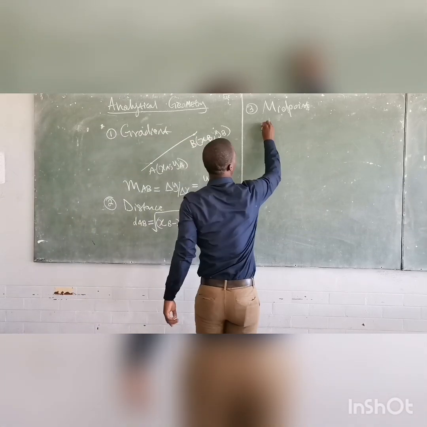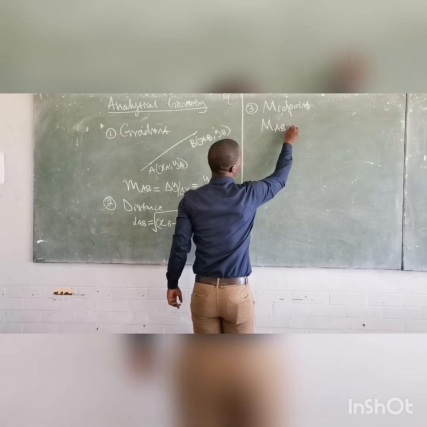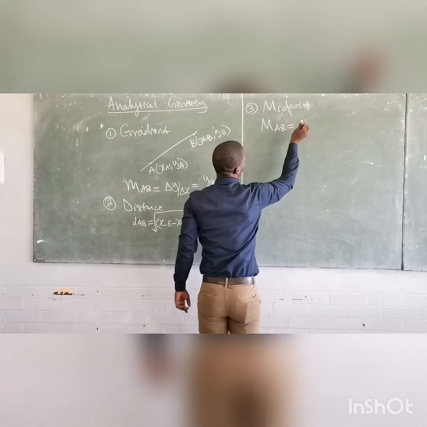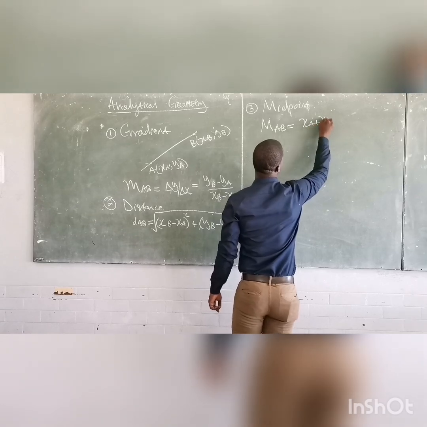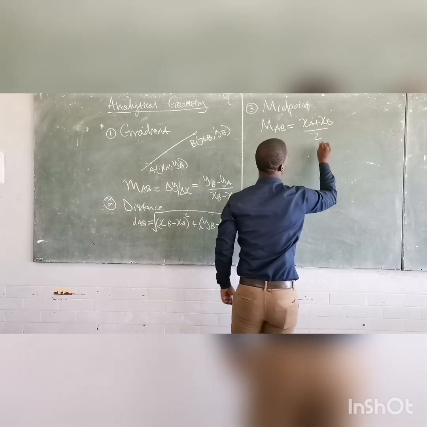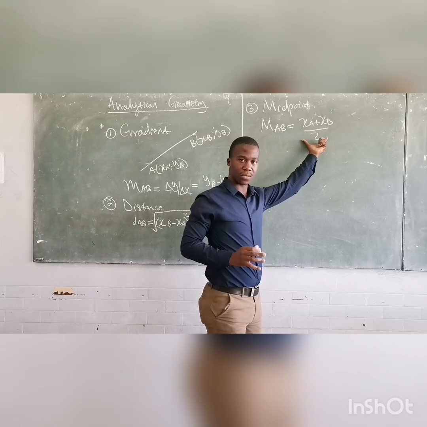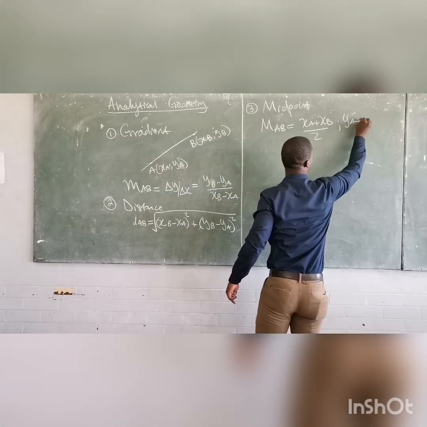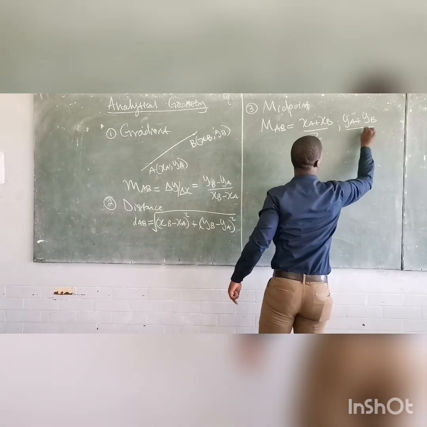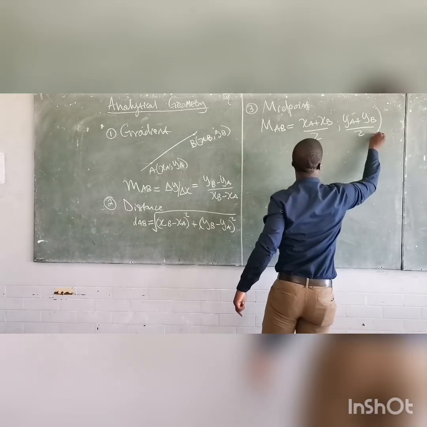So the midpoint of AB is basically equal to xA plus xB all over 2, this is for your x value, and yA plus yB all over 2, right?